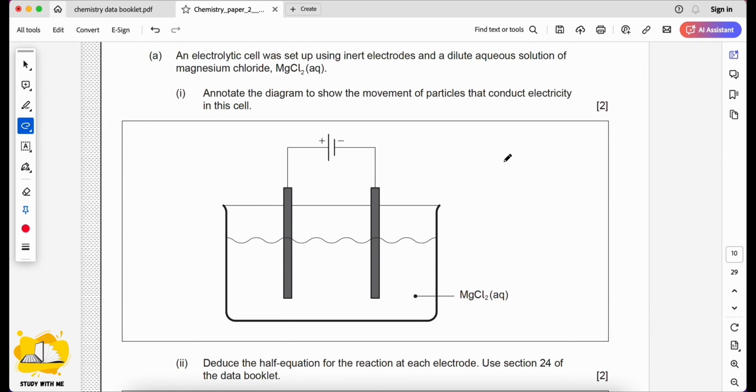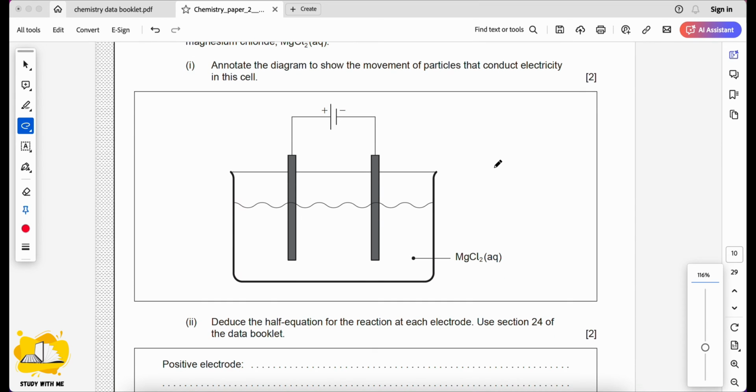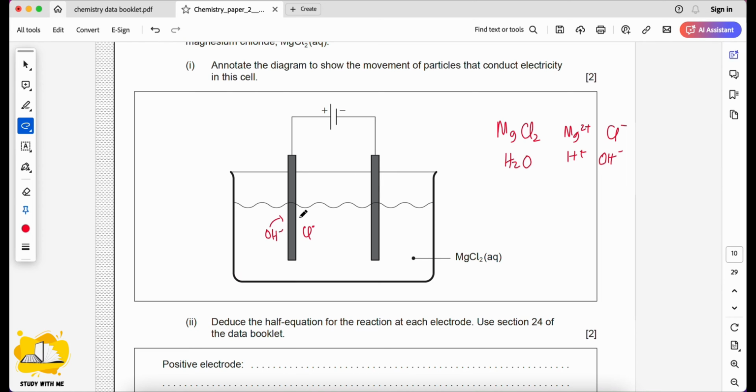Okay, so an electrolytic cell was set up using inert electrodes and a dilute aqueous solution of magnesium chloride, MgCl2. Annotate the diagram to show the movement of particles that conduct electricity in this cell. Okay, so we have MgCl2 dissolved in the water. So the ions here will be Mg2+ and H+, also Cl- and OH-. So Cl- will be here and OH- will be here as well, both of them.